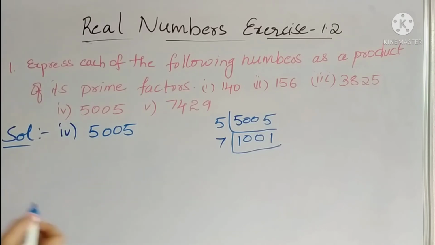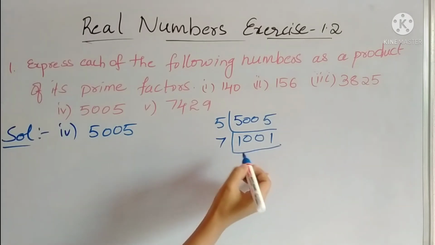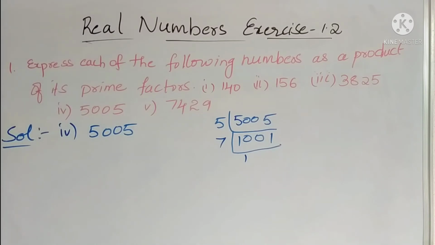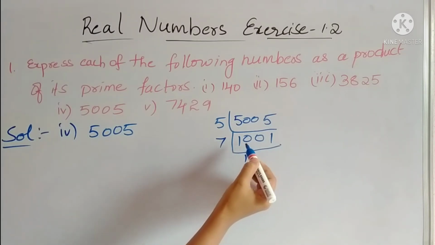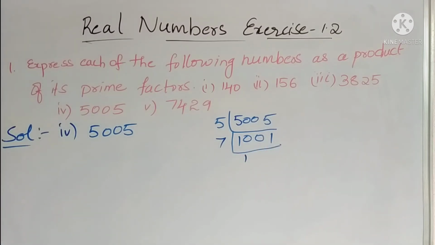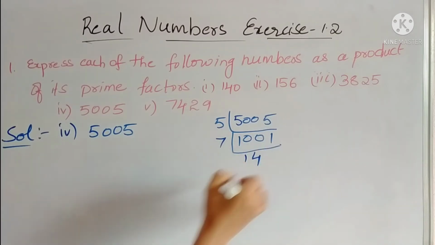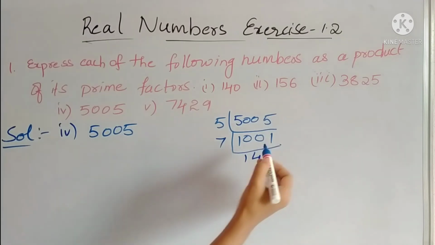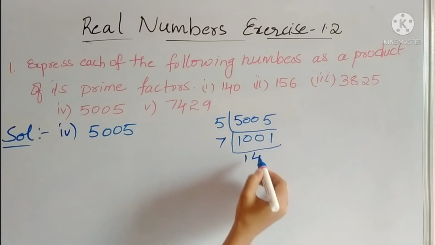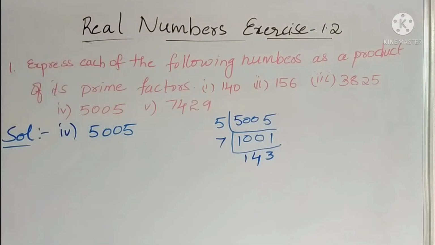Now we will check with 7. 7 ones are 7. The remainder is 3. 3 0, 30. 7 4s are 28. Here the remainder is 2. 2 1, 21. 7 3s are 21. So we got 143.